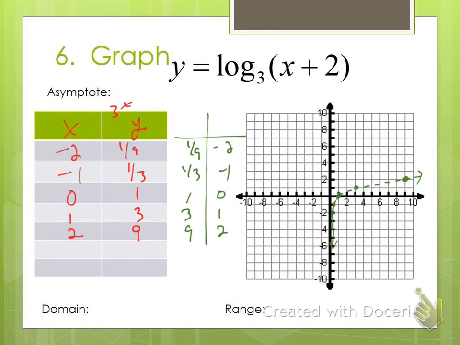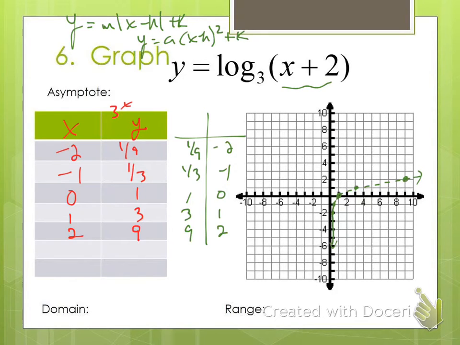And remember that any time, whether it was an absolute value, as a matter of fact, the absolute value would have looked like this, right? When we added or subtracted something to the x in the absolute value bars or in quadratics, we always called it h. Even for our exponentials, when we added or subtracted something to the x in the exponent, we called it h. Same thing here.